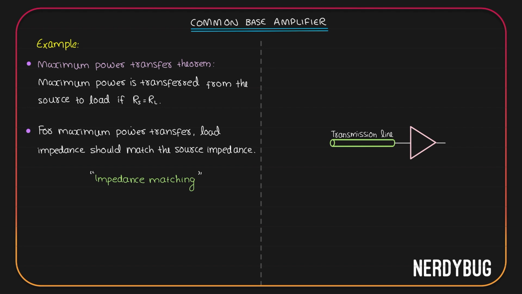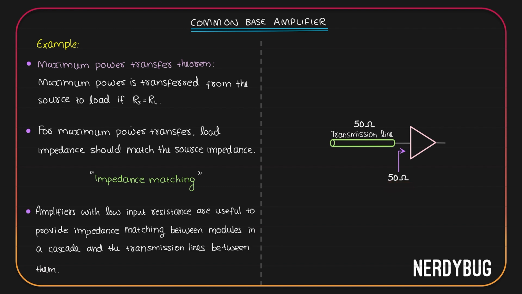Transmission lines usually have less impedance. Now, for maximum power to be transmitted from the transmission line to our amplifier, the input impedance of the amplifier should match with the impedance of the transmission line. We need the input impedance of our amplifier to be 50 ohm as well, which is relatively low. So we can say amplifiers with low input resistance are useful to provide impedance matching between modules that are in a cascade and the transmission lines that are between them.